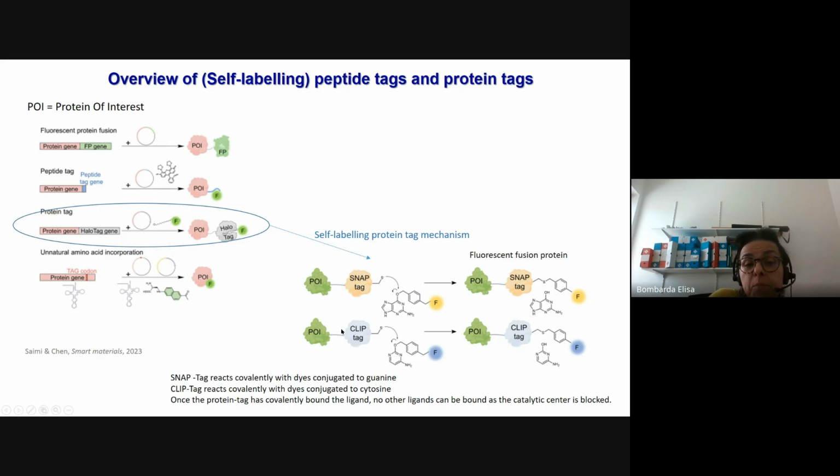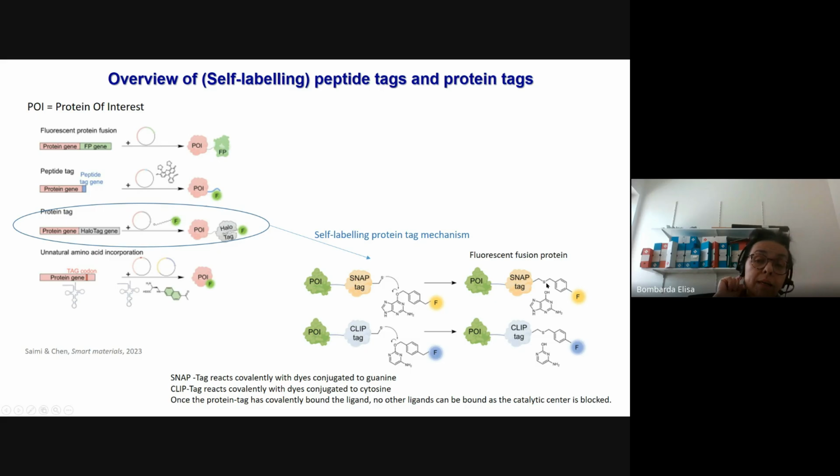The mechanism of CLIP is quite similar; the difference is that CLIP reacts covalently with the dyes conjugated to cytosine instead of to guanine. Once the protein tag is covalently bound to the ligand, no other ligand can be bound as the catalytic center is blocked.